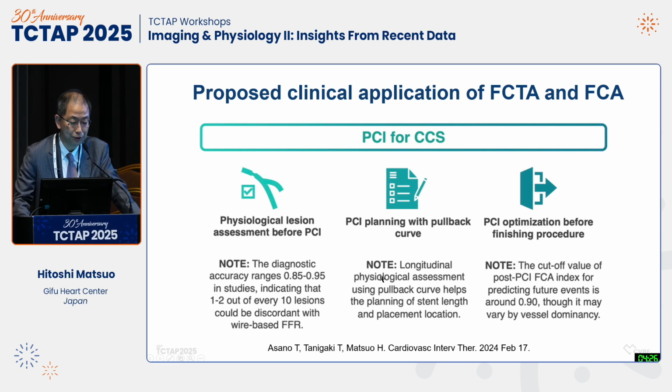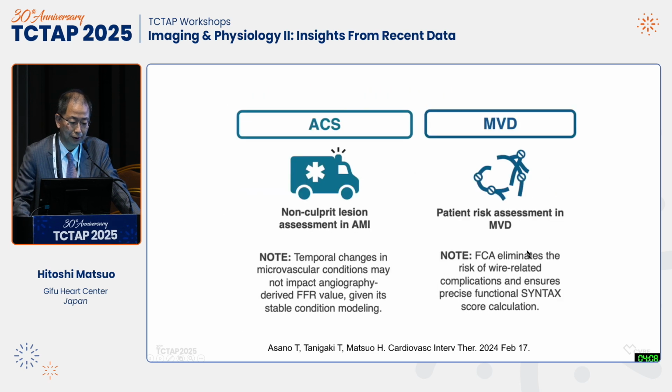As for PCI in CCS, physiological lesion assessment before PCI means the indication of PCI can be determined by this, along with PCI planning with the pullback curve and PCI optimization before finishing the procedure. In ACS, for non-culprit lesion assessment, we expect a lot from these functional indexes.